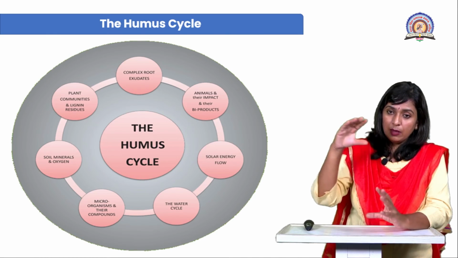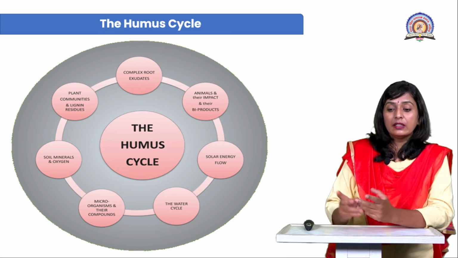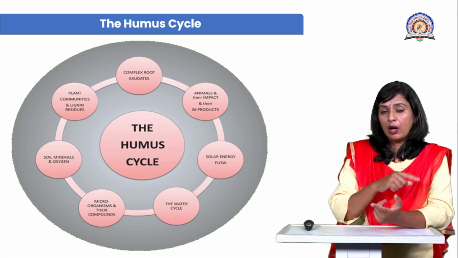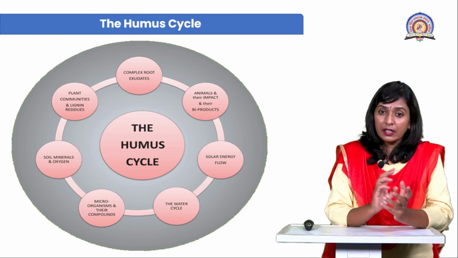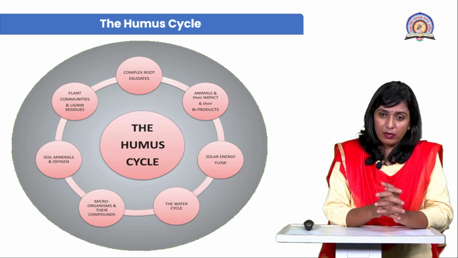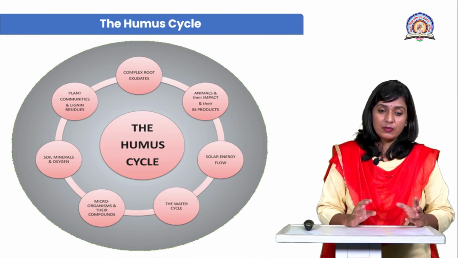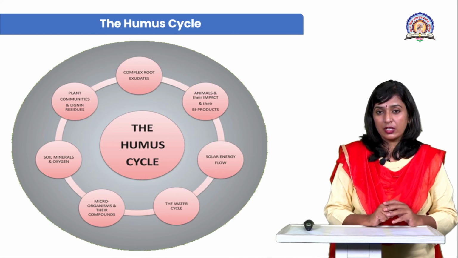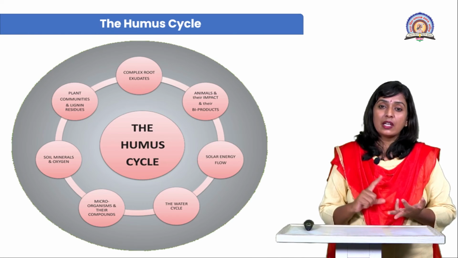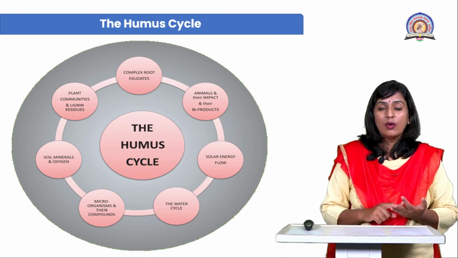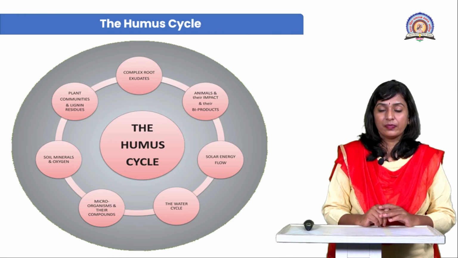So that animal and plant product, byproduct as well as their dead bodies, they get converted into the compost by the microorganisms as well as anaerobic microorganisms are also there. So aerobic as well as anaerobic organisms, they carry out their decomposition, right? Some fungi are there, some bacteria are there, earthworms are there, snails, slugs, right? Many organisms, even insects are also there which carry out the decomposition, right?